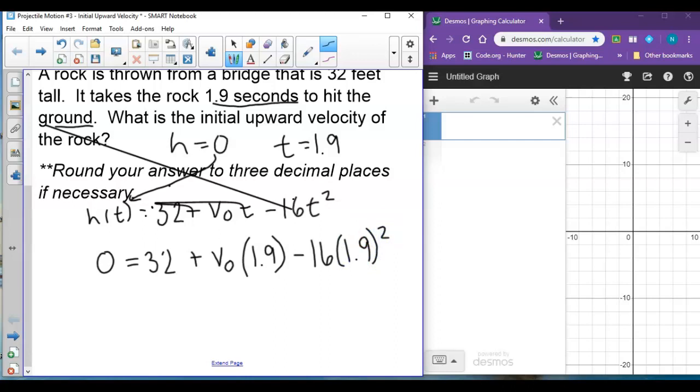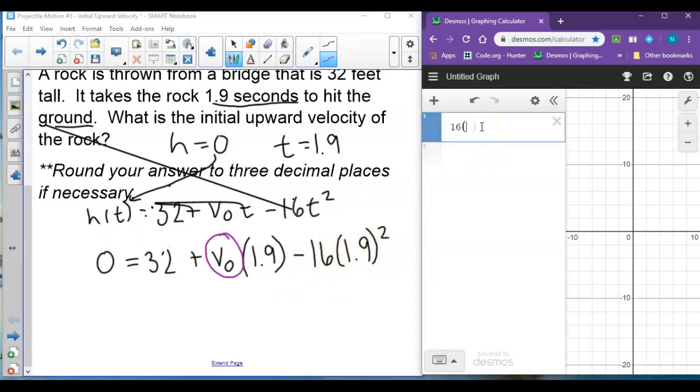And so I want to solve this equation for that v sub 0. That's what I've got to get by itself. The first thing I'm going to do is take this 16 times 1.9 squared and figure out what that is. So 16 times 1.9 squared is 57.76.